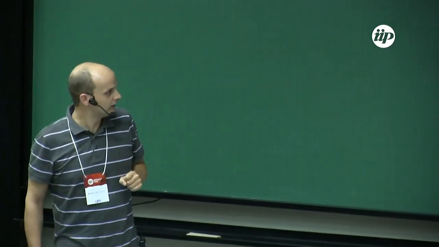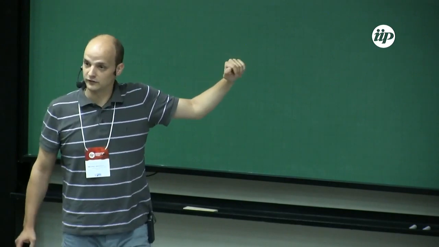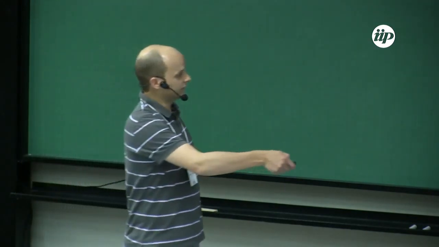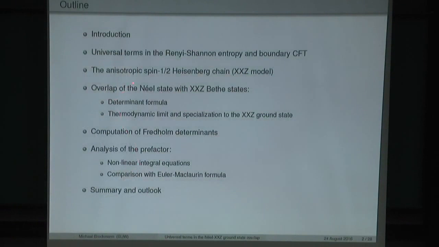I will start with a brief introduction where I try to motivate why the overlap of the Néel state with the ground state of the XXZ model is interesting, and why the large L scaling, so the scaling in the thermodynamic limit, can be used to get information about certain entropies and is connected to boundary CFTs.